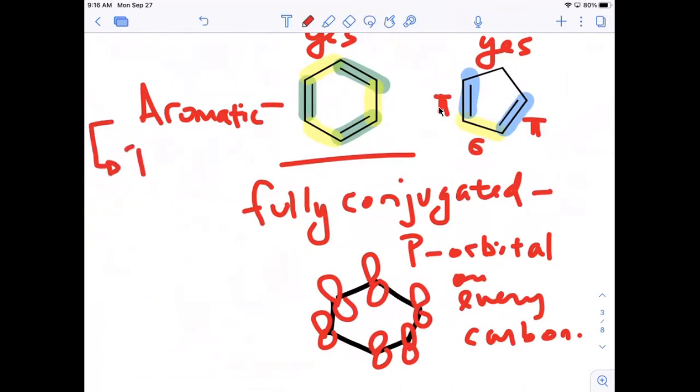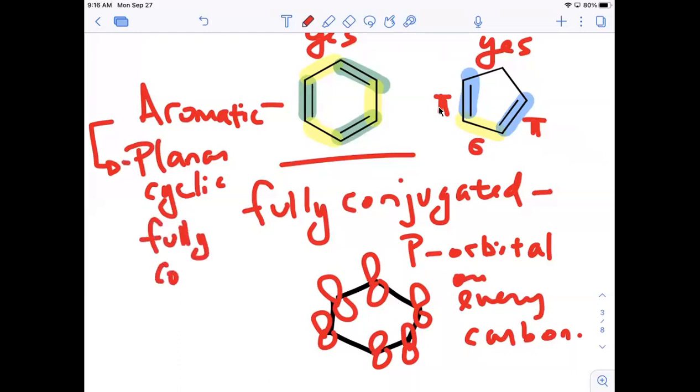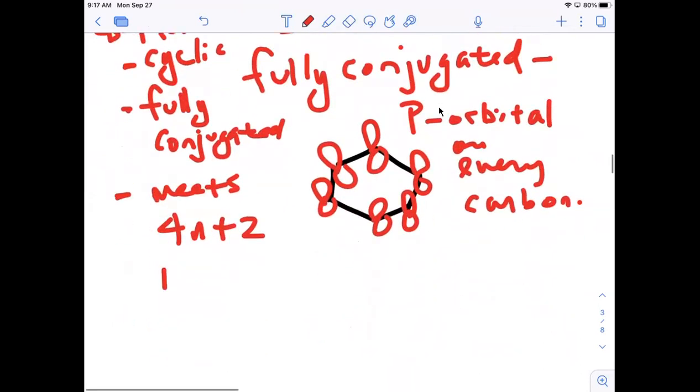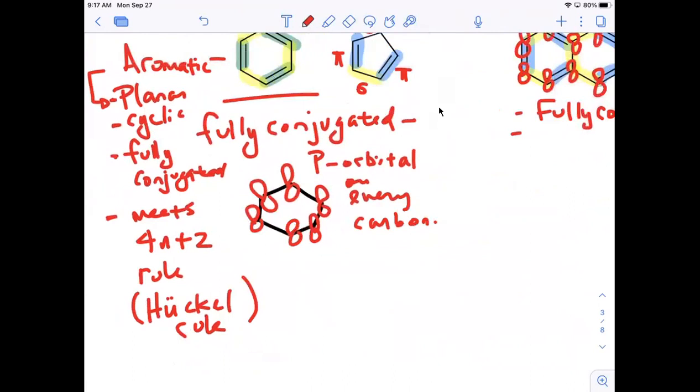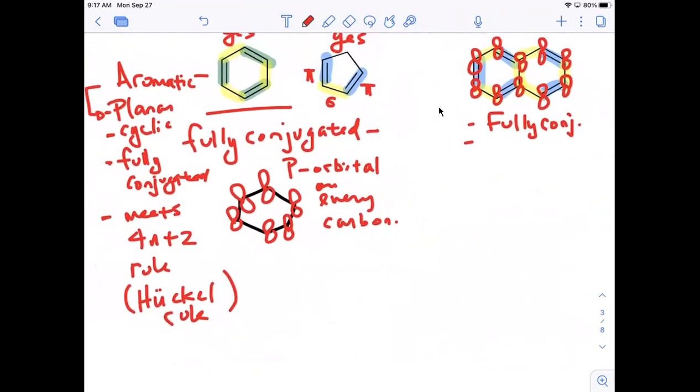It's planar, cyclic, fully conjugated, and it meets the 4n+2 rule or the Huckel rule. All right, that's the definition of an aromatic compound.